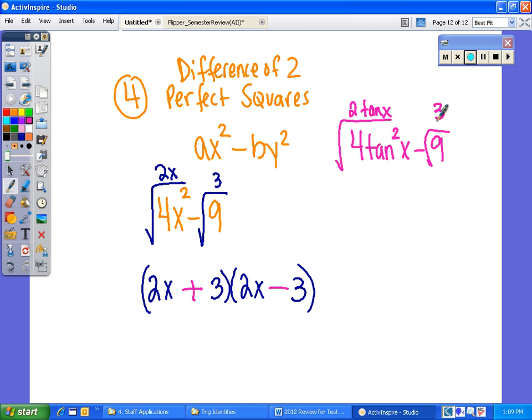And the square root of 9 is 3. So you would just put inside your parentheses 2 tangent x plus 3, 2 tangent x minus 3. And then from there you would just split them up, solve them by setting them equal to 0 and getting your answer from the unit circle.